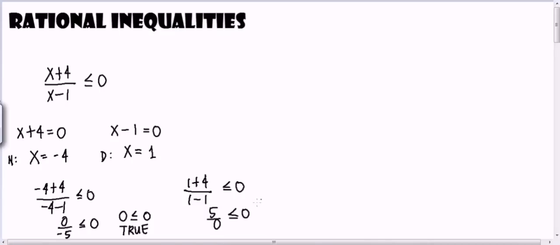We know that any number divided by 0 is undefined. So I cannot put positive 1 as the value of x because the denominator becomes 0, which makes the rational inequality undefined. So 1 is not included. Now we know which is true and which is false. This one is false because it is undefined.